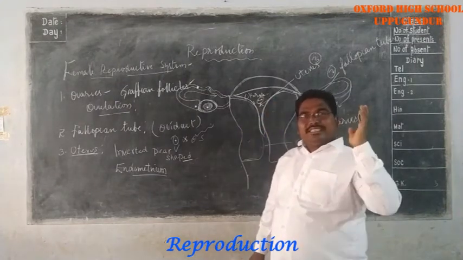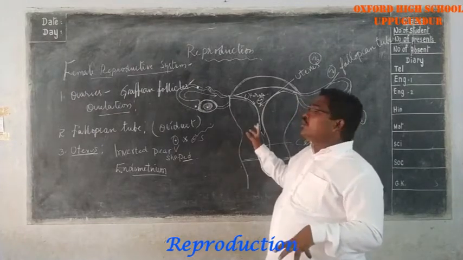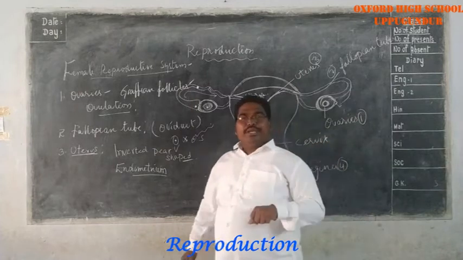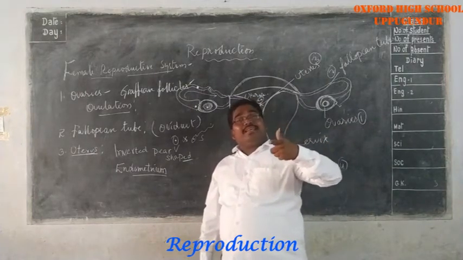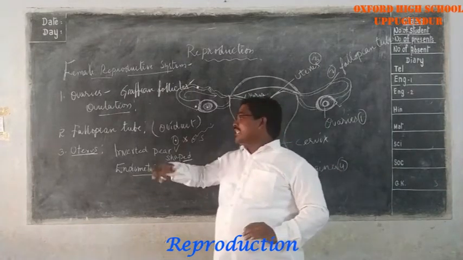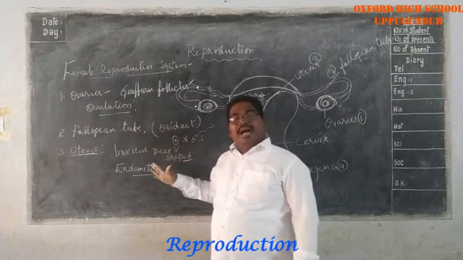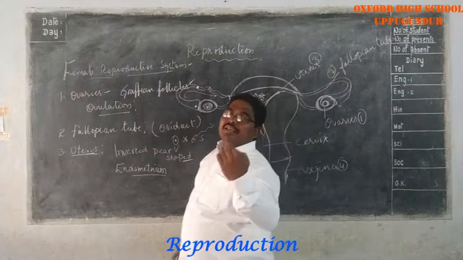That means it shrinks and flows out as menstrual fluid. If fertilization takes place, the thickness of the layers continues to increase and it will be ready to receive the embryo for its further development.